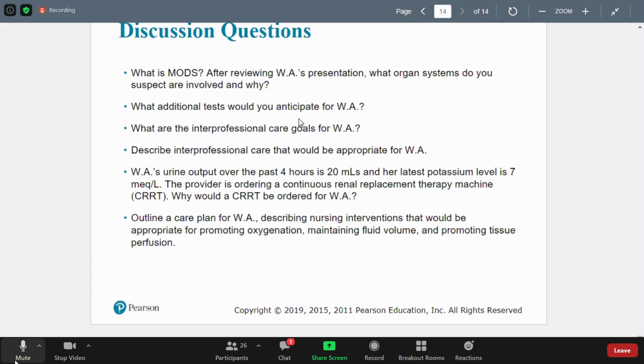Kidney, hemodialysis, if she's in ICU, yes, CRRT. Cardiovascular, continuous cardiac monitoring, vasopressors, hemodynamic monitoring. Then VTE prophylaxis, low molecular weight heparin.